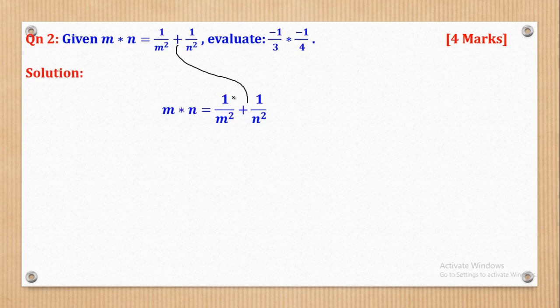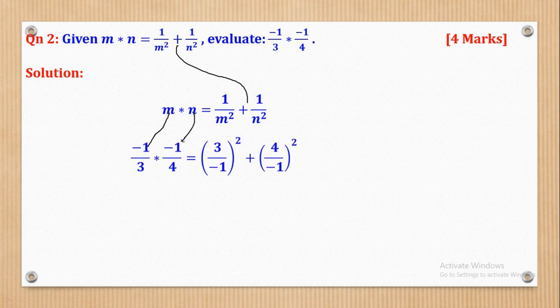It is what was given. Therefore this expression means that m is negative 1 over 3 and n is negative 1 over 4. Therefore when I substitute here, 1 over m squared means that I have to get the reciprocal of this, which will become 3 over negative 1. After that I will square it. Then the reciprocal of this is 4 over negative 1. Then after that I will square it.